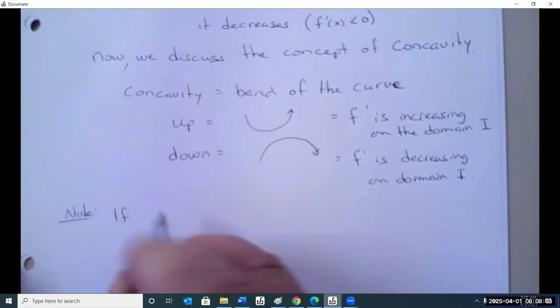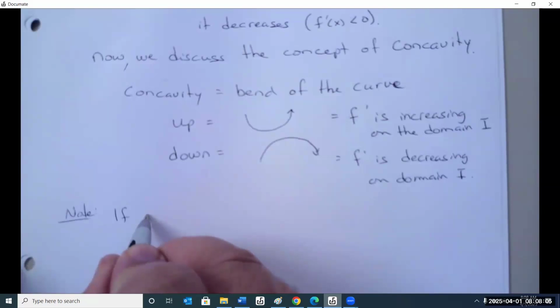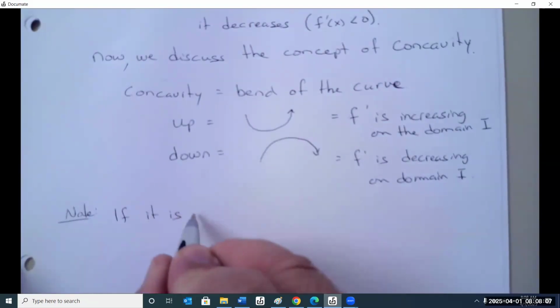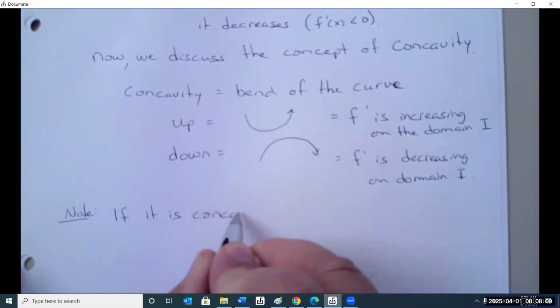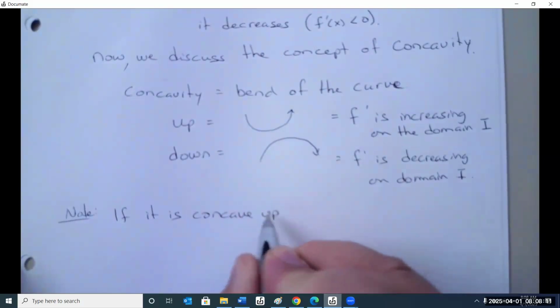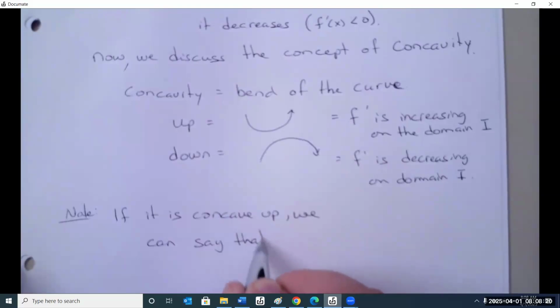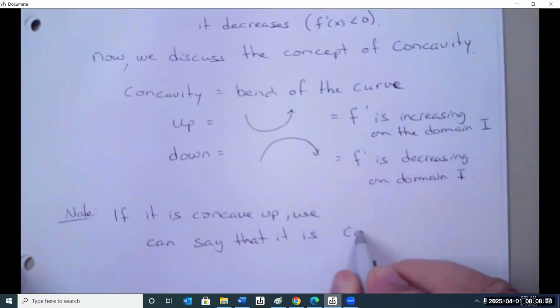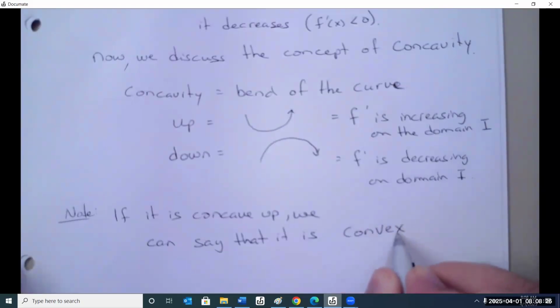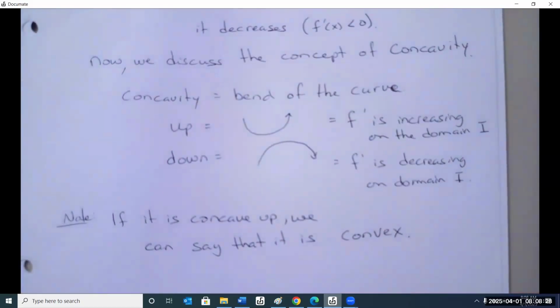Note, if it is concave up, we can say that it is convex. So whenever you hear the word convex, that's all it means: it's an increasing function going up.